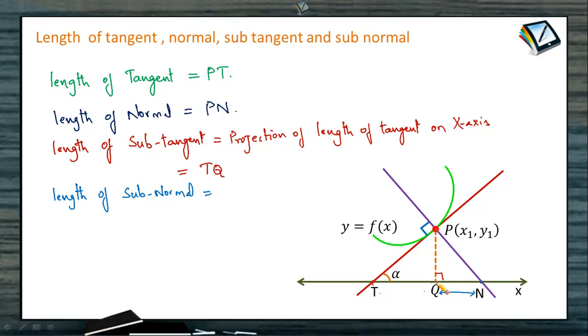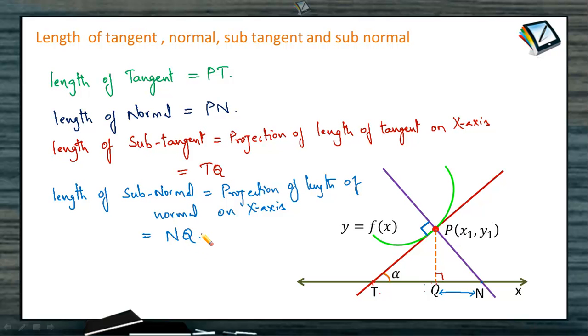So geometrically, what do you call the distance between the two feet of the perpendiculars of a segment? It is nothing but the projection of the length of the normal on the x-axis, and from the diagram this length is the distance between the two points N and Q.